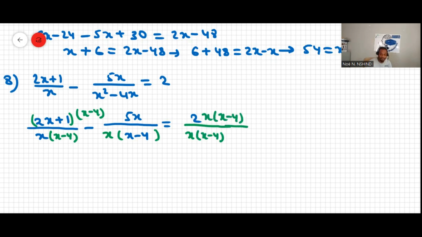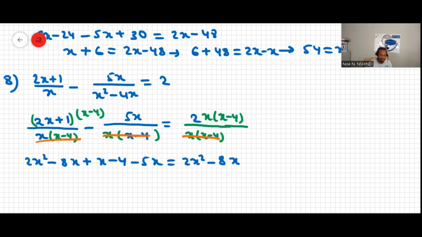Okay? Now that we have this, we can just drop these denominators like that, and then this will be 2x times x makes 2x squared, 2x times that makes negative 8x, and then plus x minus 4 minus 5x equal to 2x squared minus 8x.